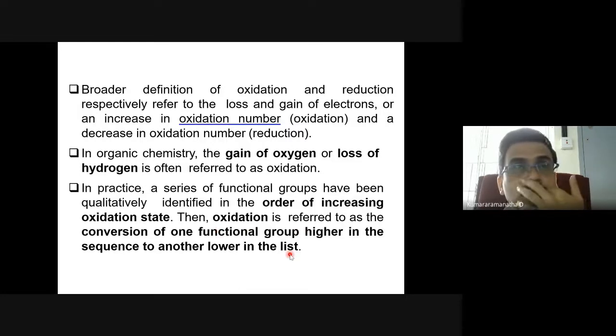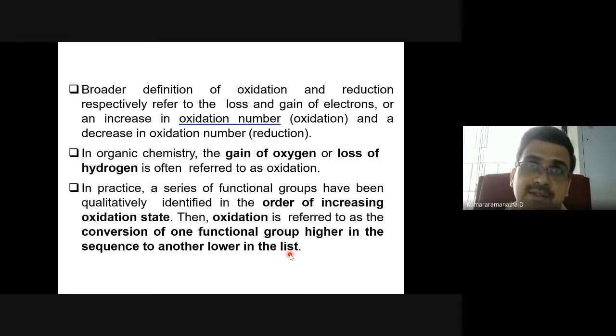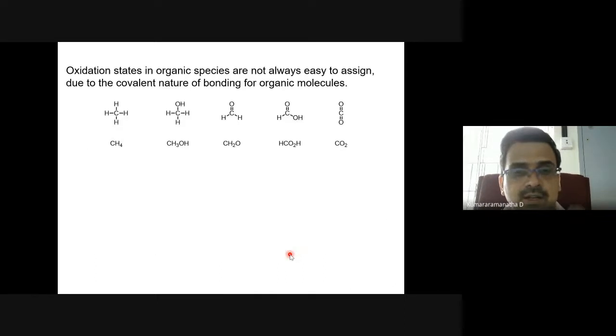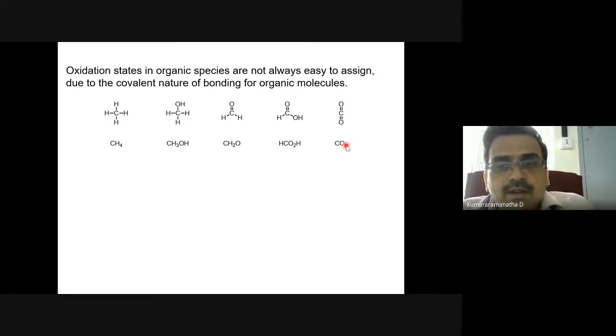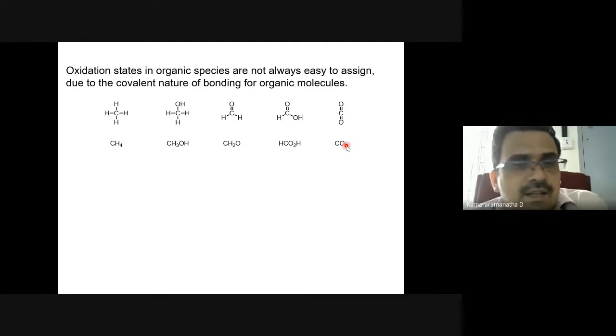For example, you are converting through various sequences, like carbonyl groups being converted into carboxylic acids, alcohols converted into acids, like that. Now, please look at this example, methane all the way to CO2. Can someone tell me what is the oxidation state of carbon in carbon dioxide? What is the oxidation state? Anyone in the class?